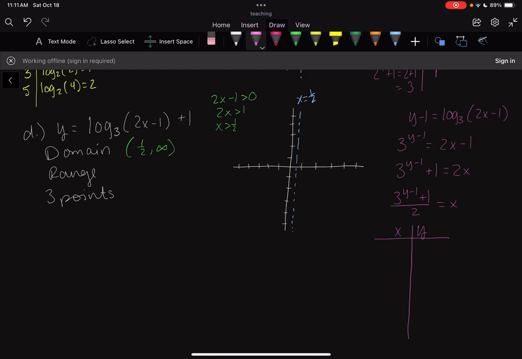The y value that would make the exponent 0 in this case, let's think about what that would be. That would be 1. So I would get 3 to the power of 0 plus 1, over 2. This will give me 2 over 2, which is 1. So my first point here is 1, 1.